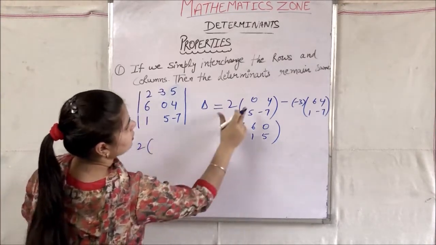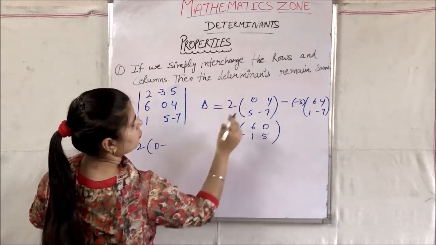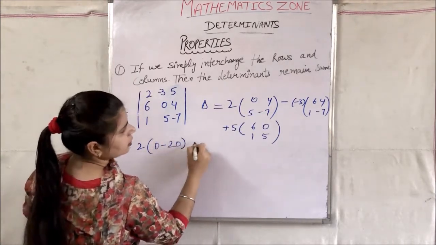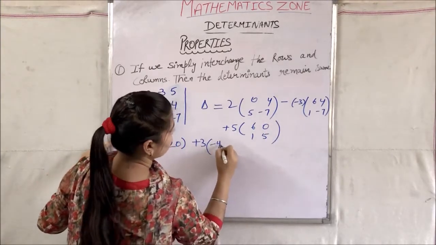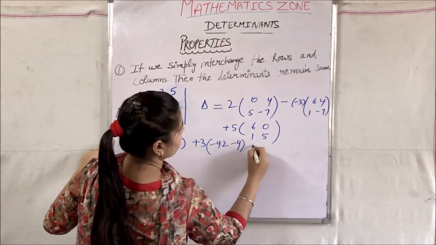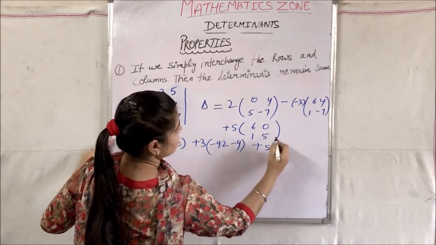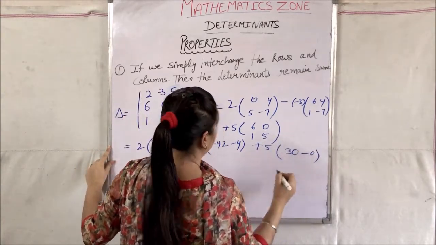2. 0 into 7 is 0, minus 5 into 4 is 20, plus 3, 6 into 7 minus 42, 1 into 4 minus 4, plus 5, 6 into 5 30, 1 into 0 is 0.